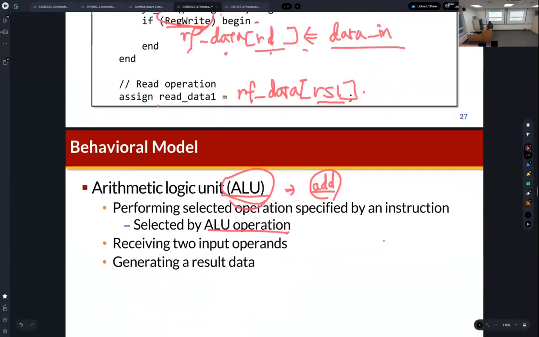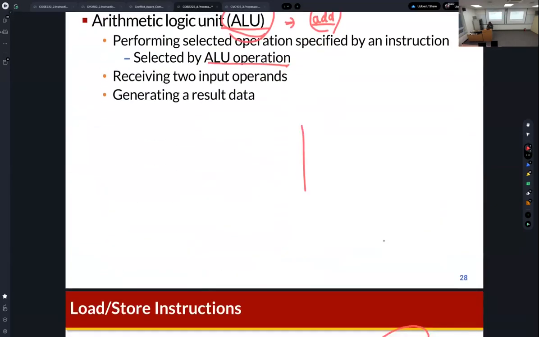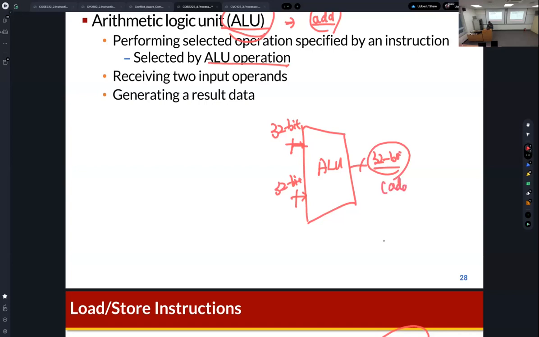But what is the problem? If we see the ALU, the ALU needs to receive two operands, and these are 32-bit operands, right? And then it generates a 32-bit result. So we can use this value as the address because the ALU can perform the add operation. The width of RS1 is 32-bit, right?